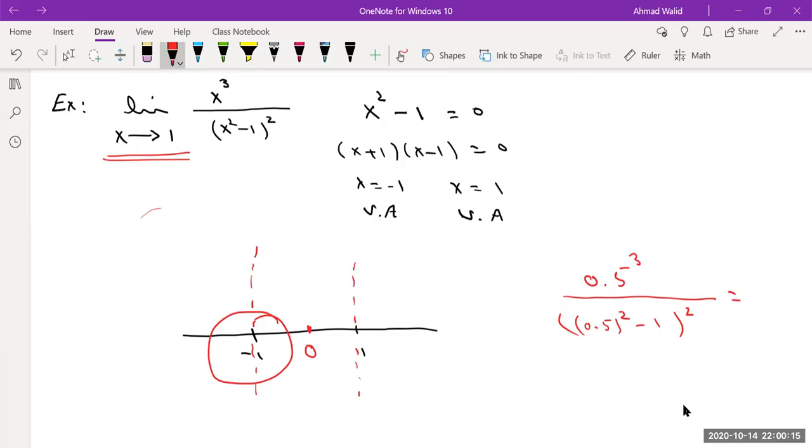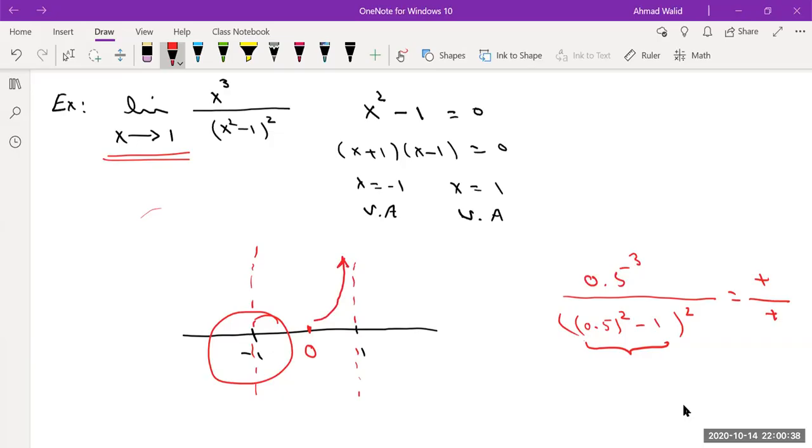The numerator is positive. Denominator, whatever I get inside the parentheses, even if it's a negative number, after I square it anyway, it gives me positive, right? That means from 0 to 1, the function would like to go to positive infinity like this.